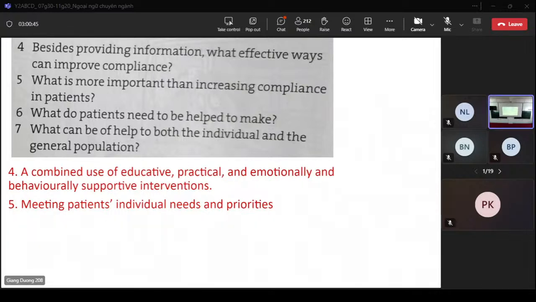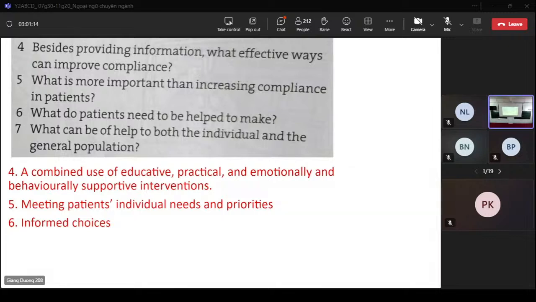Make what? Make the same paragraph. Make informed choices. Đưa ra những lựa chọn có thông tin và có cơ sở. Ha.